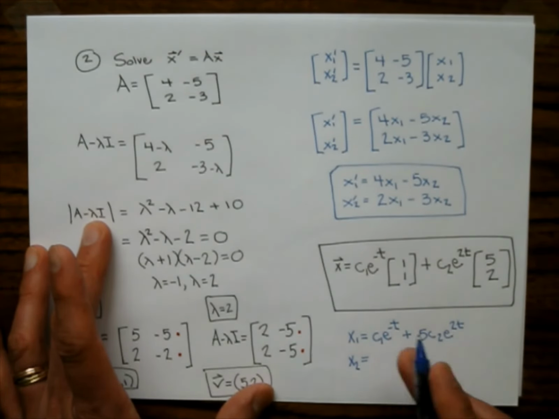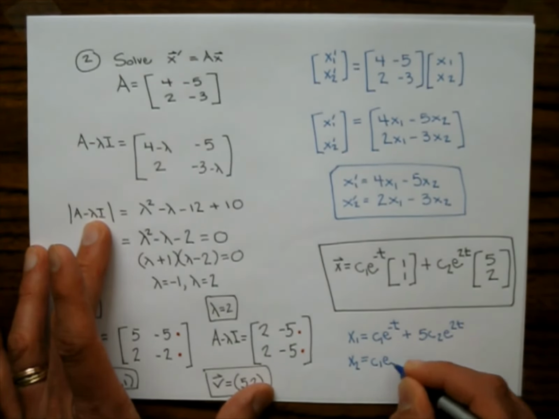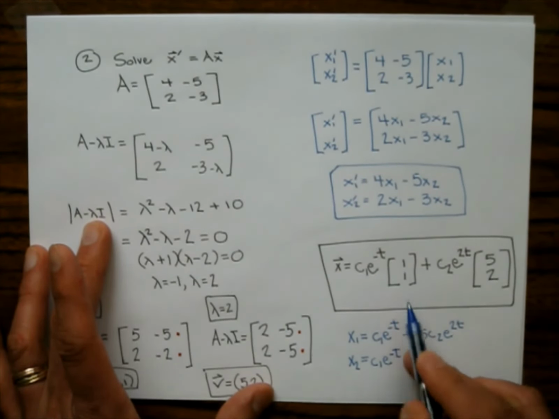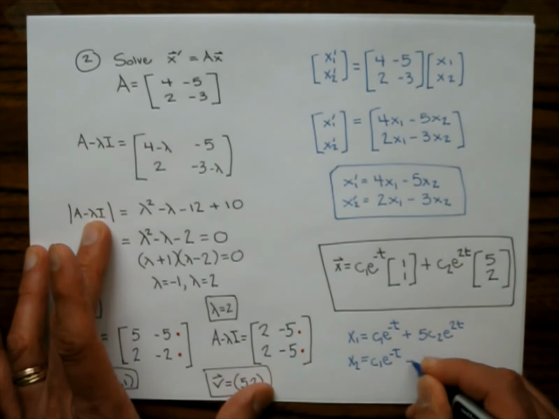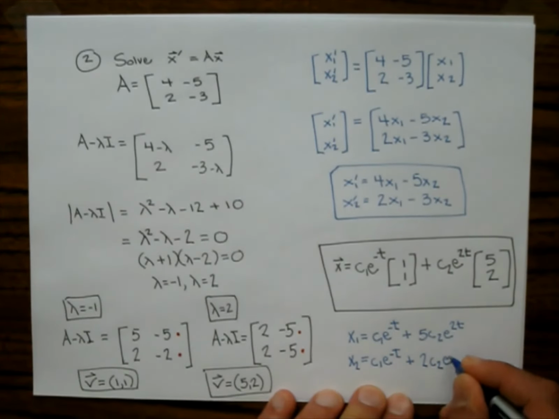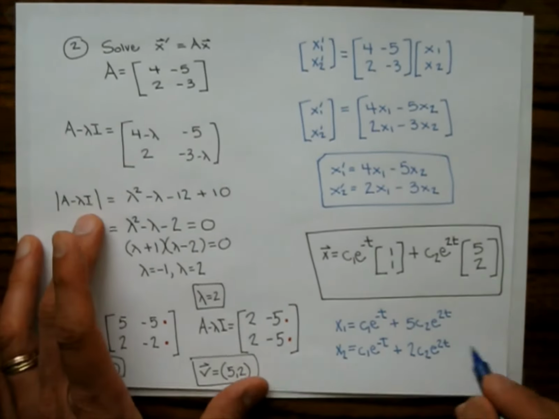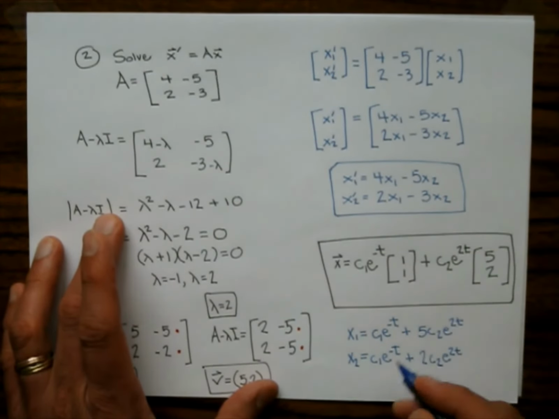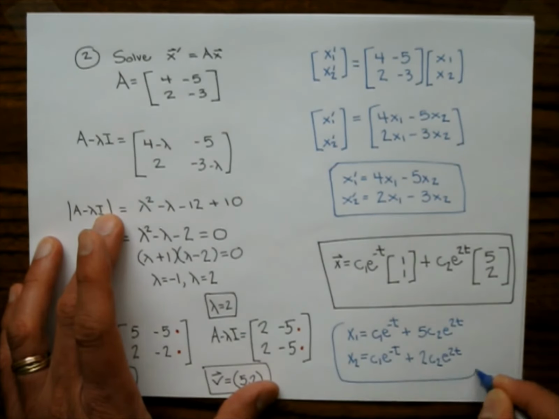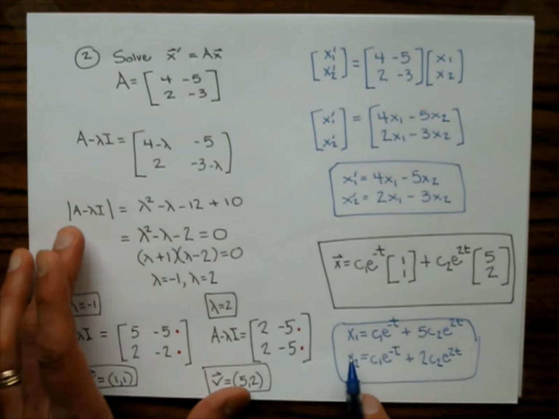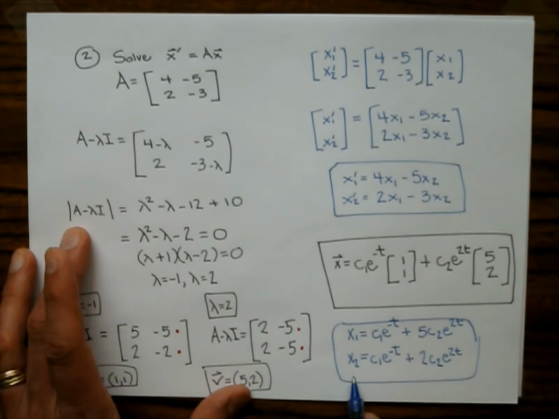And the bottom one's going to be c1 e to the negative t, because there's a 1 there, 1c1, and then this is going to be plus, I'll put the 2 out front, 2c2 e to the 2t. And so here was the original problem. I mean, the original problem was up here, but if written like this, look, we have just solved for those two unknown functions, x1 and x2. Really, it's x1 of t and x2 of t, and that's what they are.